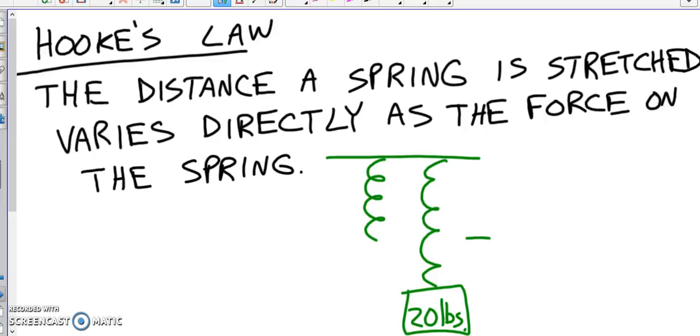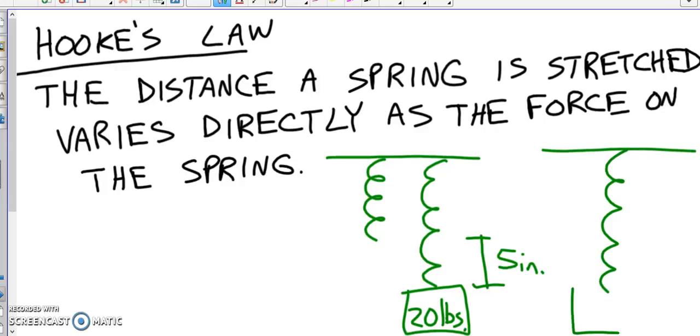That 20-pound weight stretches the spring 5 inches. If I took the same spring and attached a 30-pound weight to it, how far would the spring stretch?